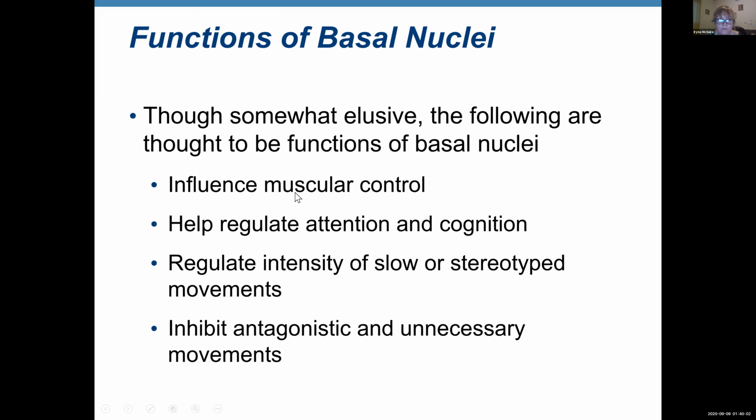They cannot control muscular activity, and they cannot inhibit tremors and antagonistic movements, right? So they have tremor when they don't want it, when they don't voluntarily move their muscles, especially their arms and hands. So that's the basal nuclei.